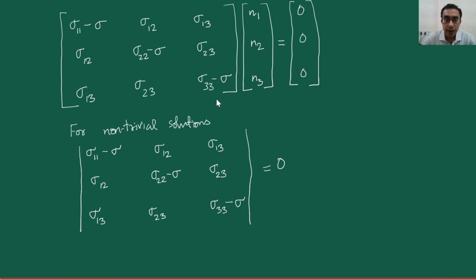So just like in any eigenvalue problem. Now each of those three sets of n1, n2 and n3 corresponding to sigma 1, sigma 2 and sigma 3 will be referred to as the principal directions. In the language of the eigenvalue problem, you recognize that therefore the principal directions are nothing but the eigenvectors of this problem.